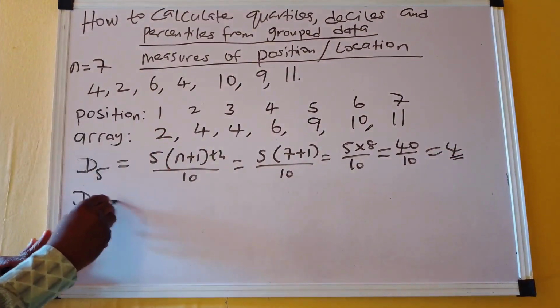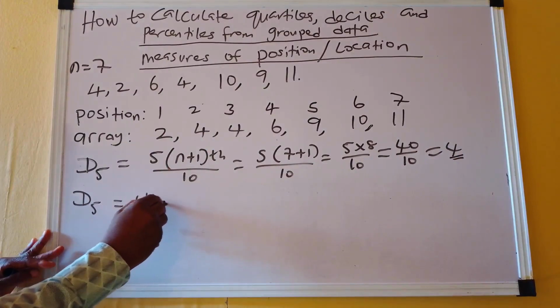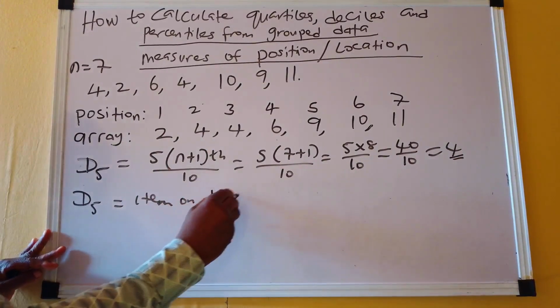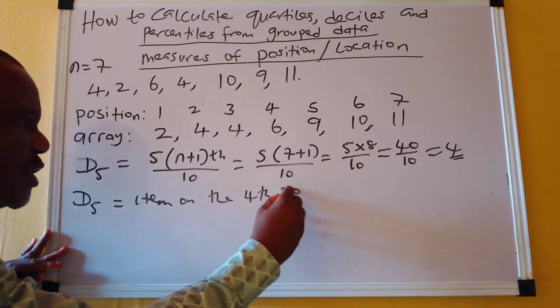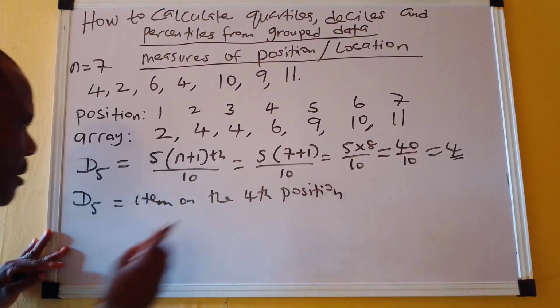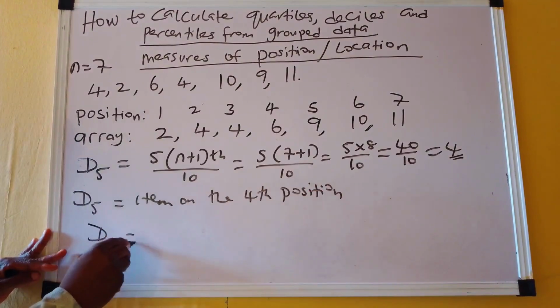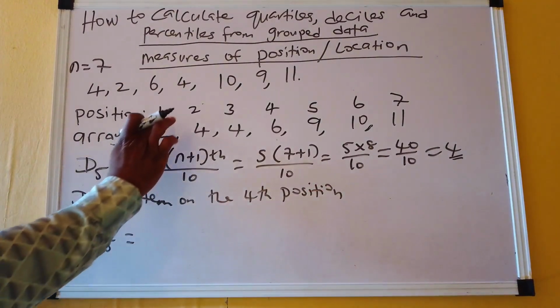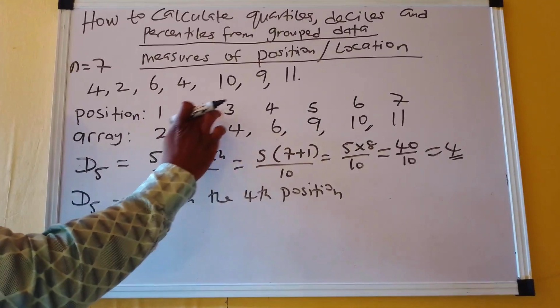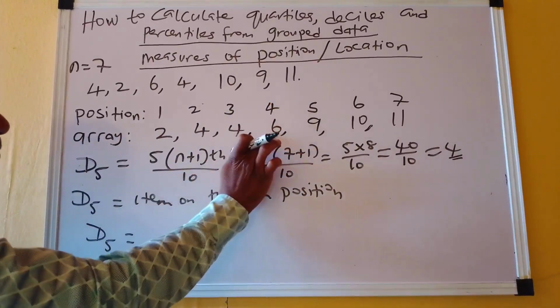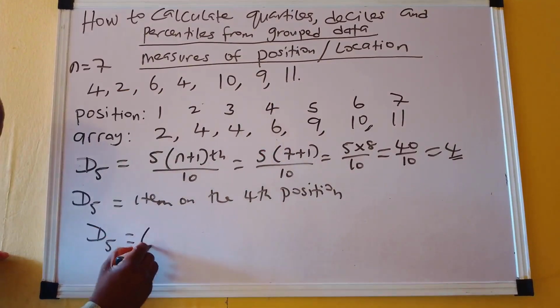So our D5 is equal to the item in the fourth position: first position, second position, third position, fourth position, and that value is 6. So our D5 is 6.